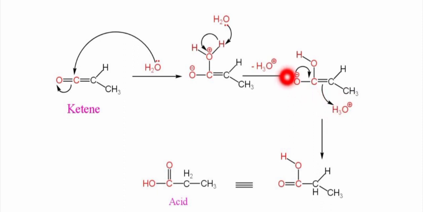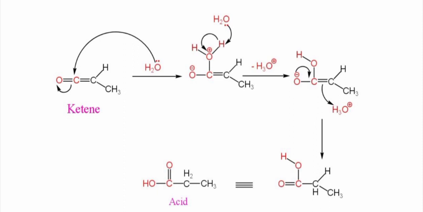Oxygen transfers its electrons towards the carbon to form a new pi bond, and this pi bond takes a proton, so a new hydrogen gets attached to this carbon, and we get the acid as our final structure. Here you can see this carbon takes a proton and gets protonated, so we get acid as our final product.